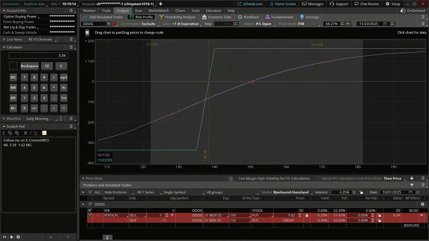Cindy says, what was the reason to change the top date to the date of expiration versus leaving it as today's date? Great question, Cindy. The reason we want to change that date is because we want our blue colored line here to key off of that, because that blue line shows us what our profit and loss scenario is at options expiration day.